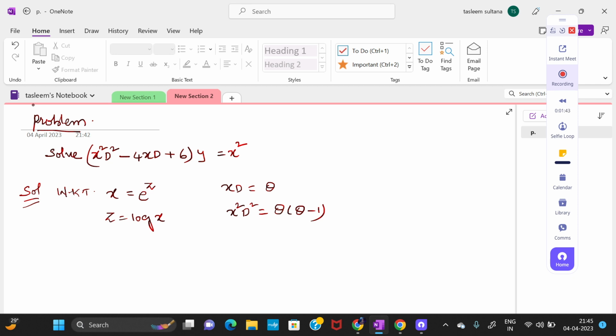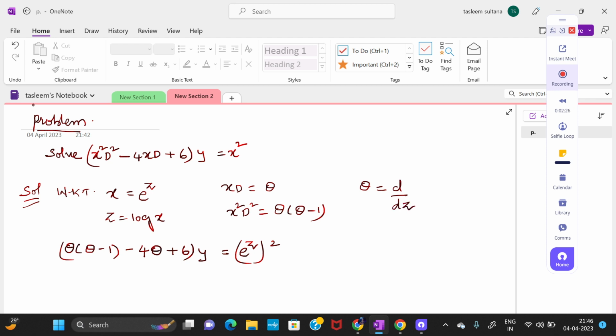Now I'm going to substitute all these values into the given differential equation. It will change to theta of theta minus 1 minus 4 theta plus 6 of y equals, where x is equal to e power z whole square, where theta stands for differentiating with respect to z, d by dz.